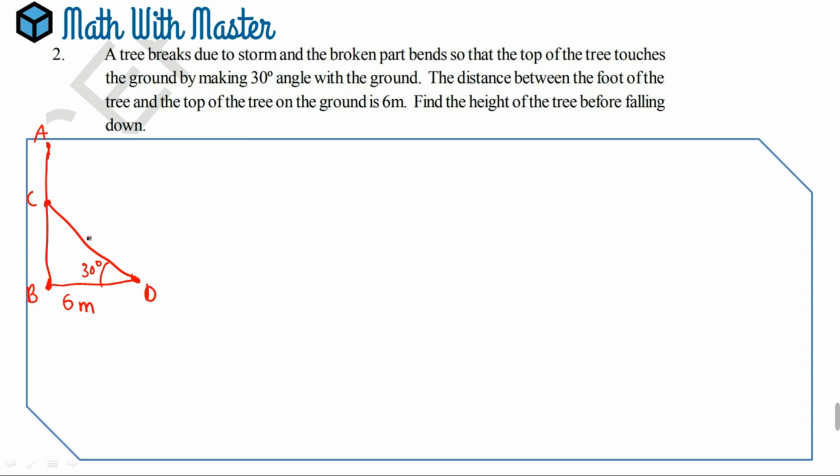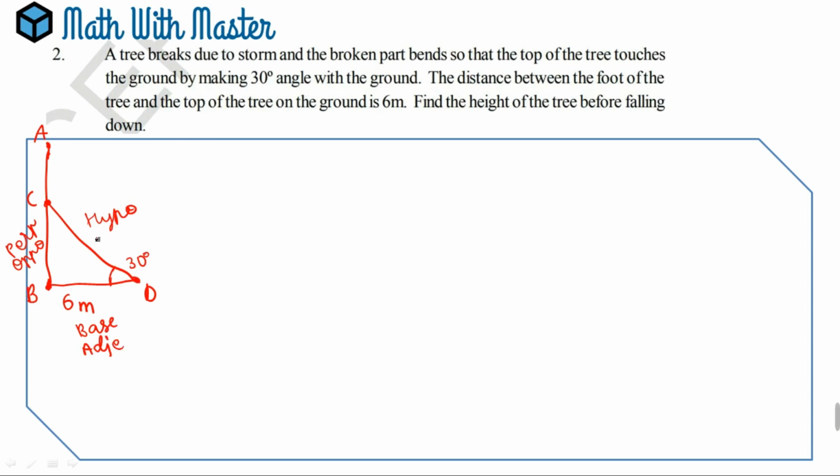So for angle D, which is 30 degrees, for angle D, BC is perpendicular or opposite. BD is base or adjacent for angle D, and CD is the hypotenuse.